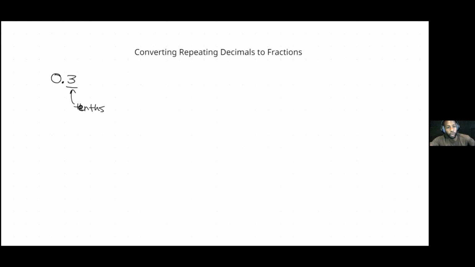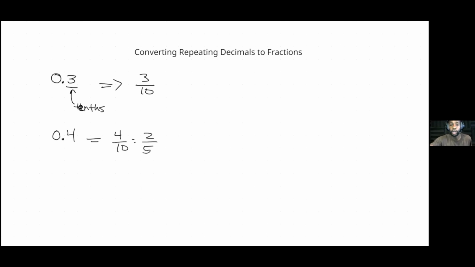And so therefore it's 3/10. Okay, easy enough. Or 0.4. That's 4/10, which of course can be reduced by dividing both of these by two. So that's 2/5.